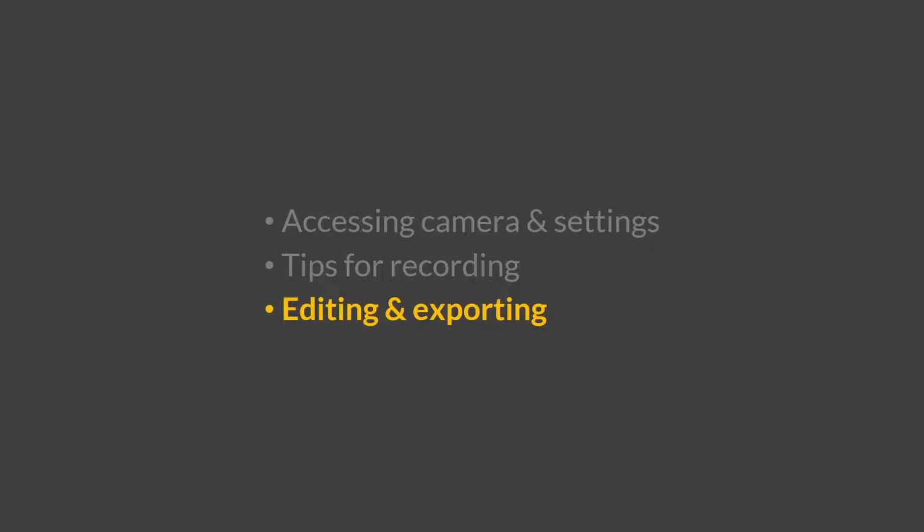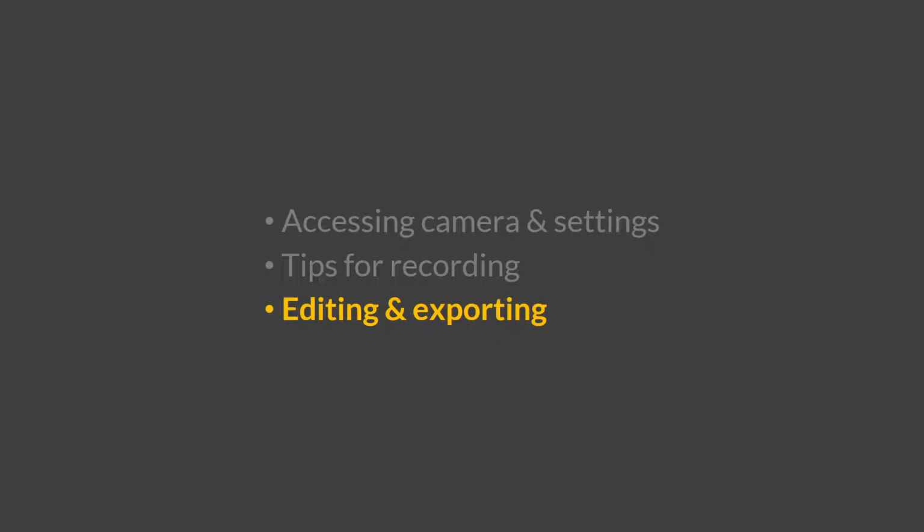What we're going to do now is move on to our last topic, and then we will wrap things up. But the last topic is pretty important, so stay tuned. So we have talked so far about accessing the camera and settings. We have also talked about tips for recording, and we focused on both technique, the more technical end, and also the actual content piece and you in front of the camera.